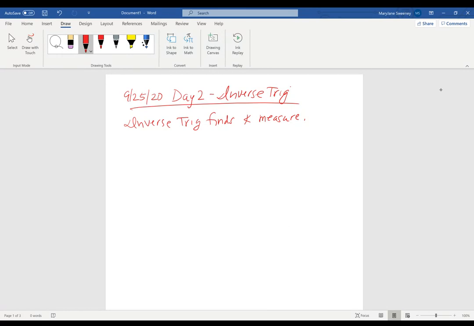So first, to talk a little bit about some domain and range. Let's say I have domain here, range here. We're going to start with y equals inverse sine of x, which is the same as y equals arc sine of x.